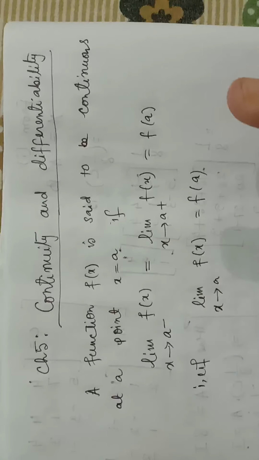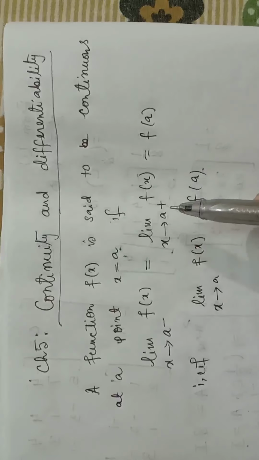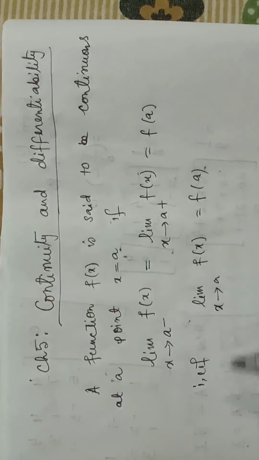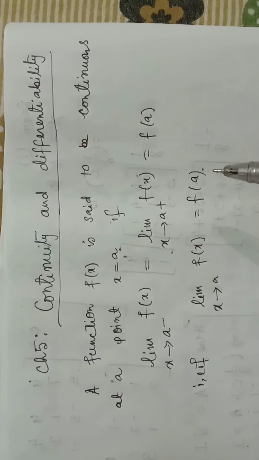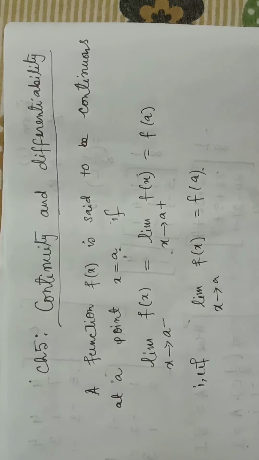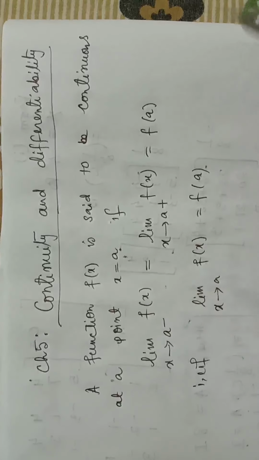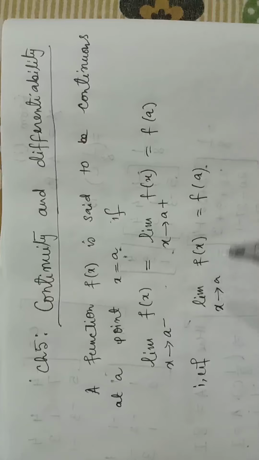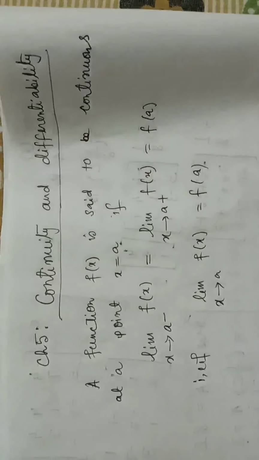A function f(x) will be continuous at a point x equal to a if left hand limit equals right hand limit equals functional value, or if the limiting value at x equal to a is equal to the functional value. In some questions we will use this form of the formula, and in some other questions we will use that form. Okay, now what does continuity mean?